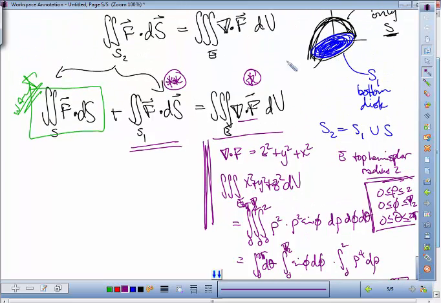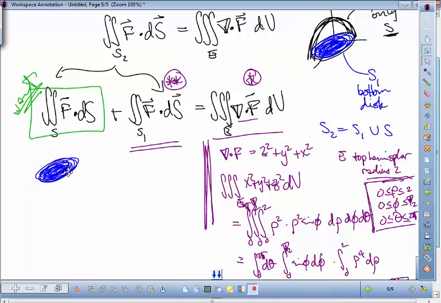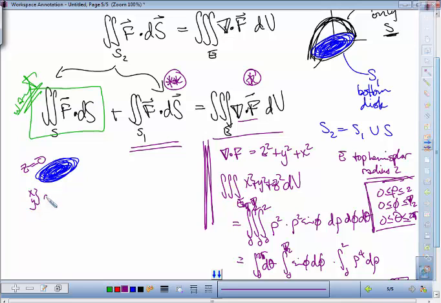We're going to parameterize this disk. Let's take that disk and bring it on over here. This is a disk where z is equal to 0, and then x and y is just this disk, radius 2.